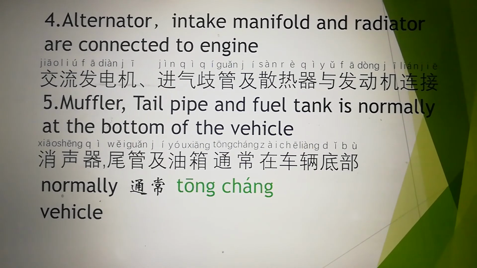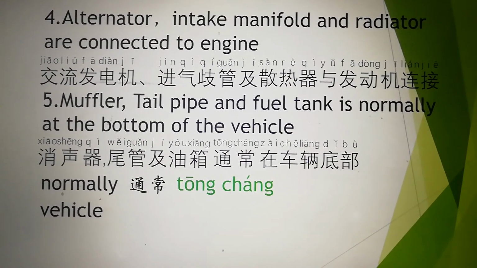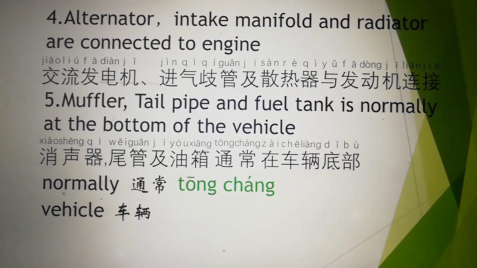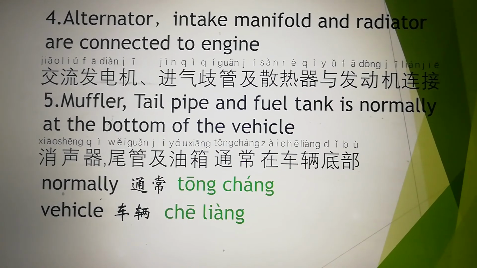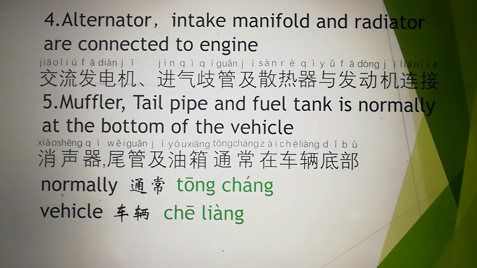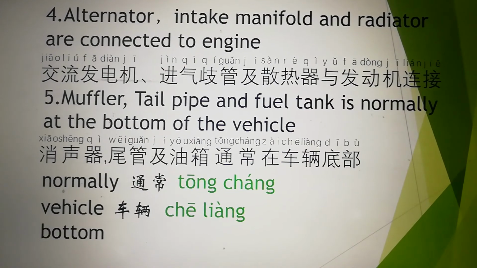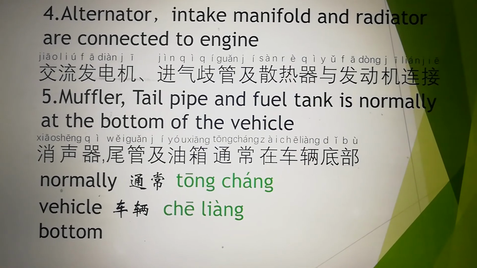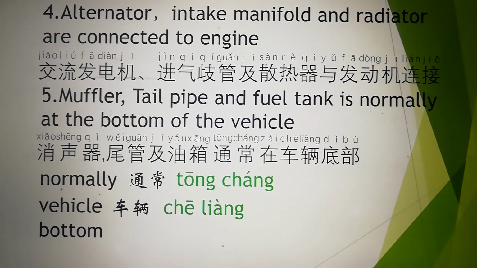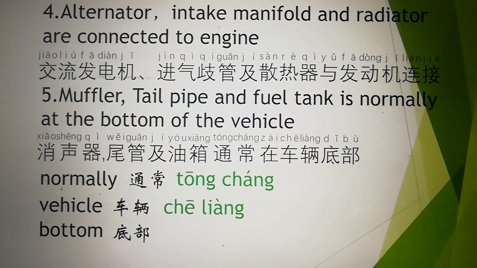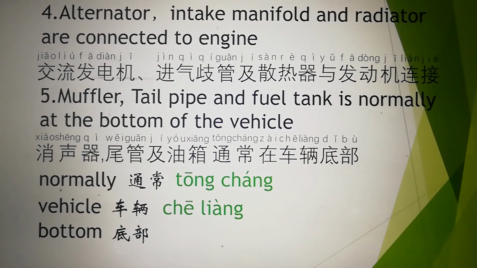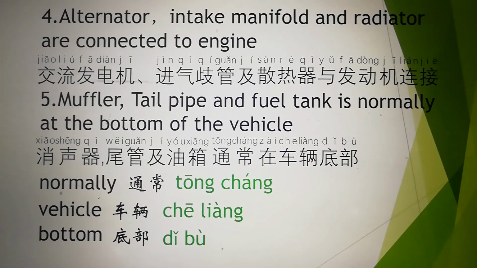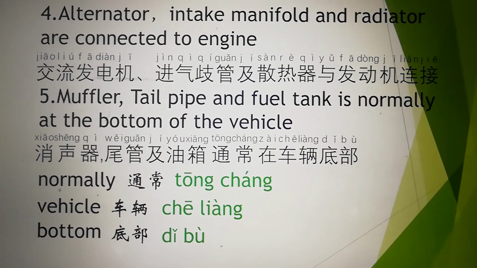Vehicle. In Chinese, vehicle can be expressed as 车辆. Last one, bottom. In Chinese, bottom can be expressed as 底部. Okay.